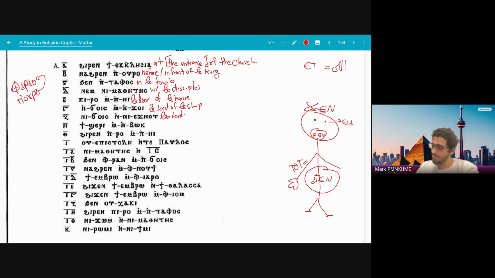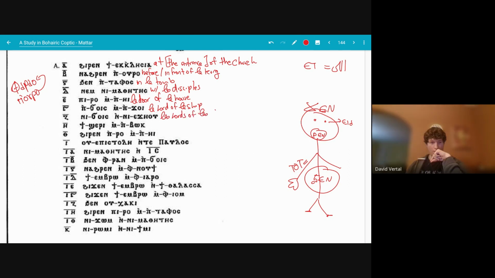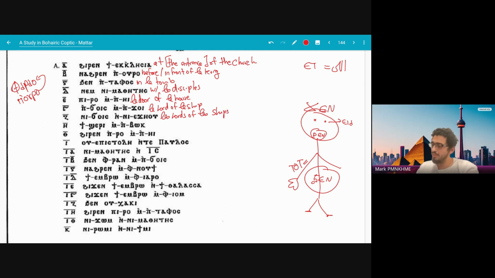Tisheri Emepok, the daughter of the servant. This is one place where it's different than Sahidic, where Sahidic would use hal instead of vok. Of servant.